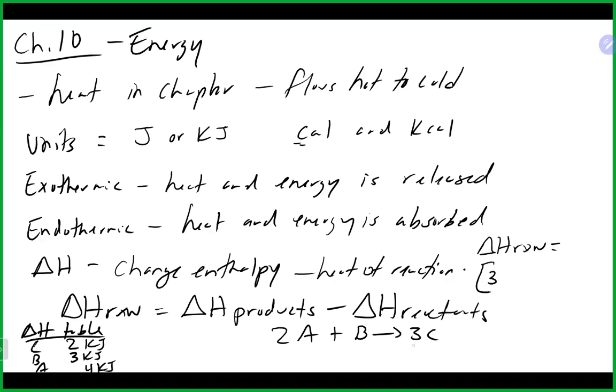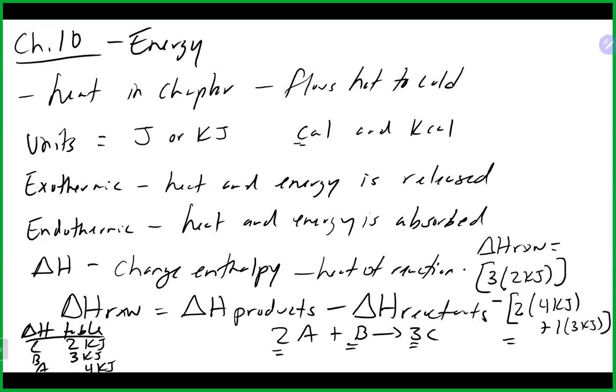We do need to take the 3, and we would have to times it by the value in the table for C, which is 2 in my example. We would then minus it from our reactants, also multiplying by the coefficient, 2 times 4 kilojoules, plus our B here, which is 3 kilojoules, and that would be 1 times 3 kilojoules.